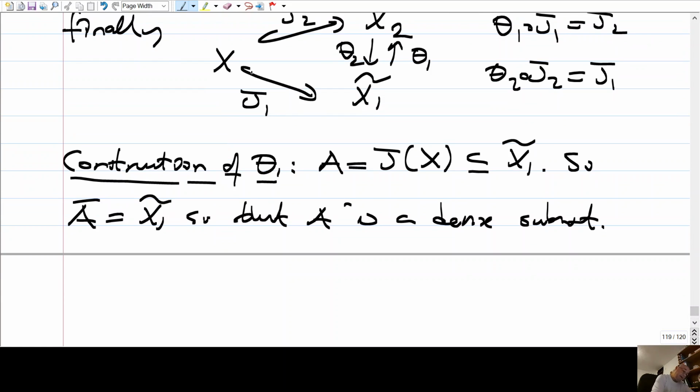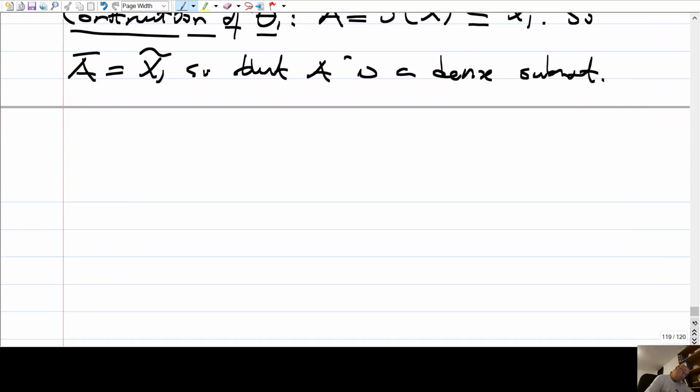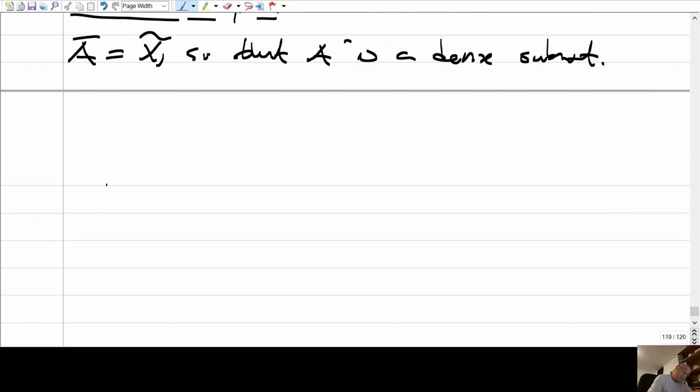We have maps from x to x1 tilde by J1 and x to x2 tilde by J2. Now I'll do the following. So here I had x, and then with J1 I go to A, and this is a subset of x1 tilde.